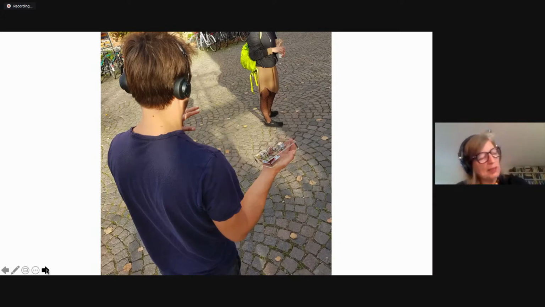And talking about the data that's collected with the sensors, I'm also interested in patterns and apophenia that can be generated by patterns, to use that as part of the composition.